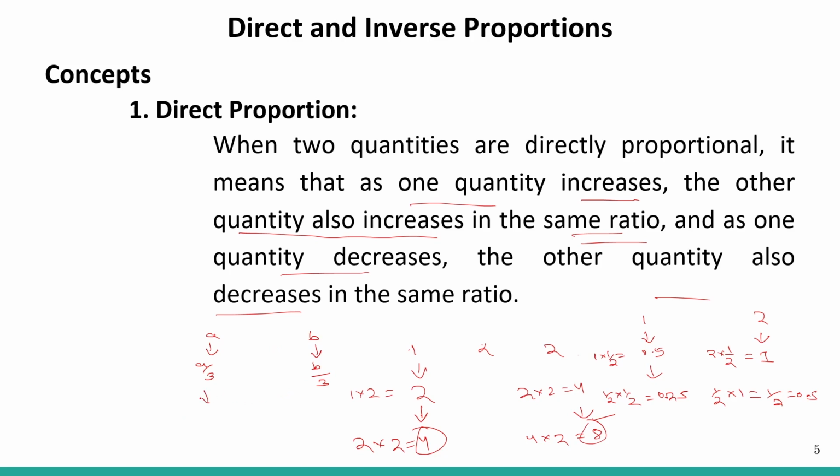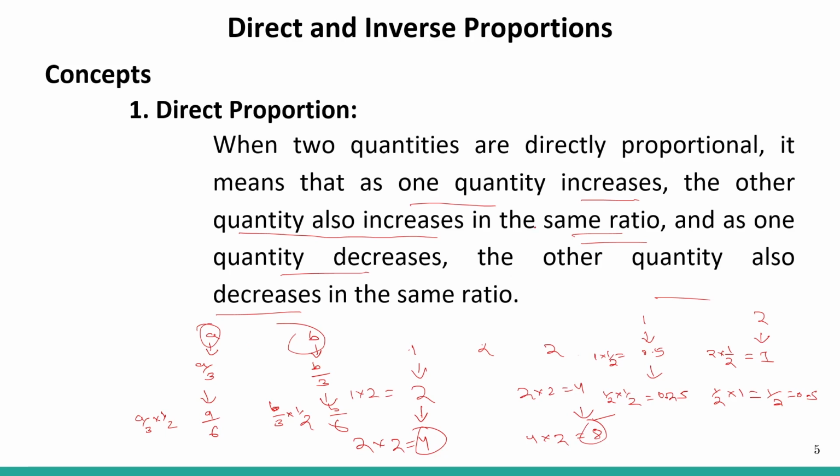If A became A by 6, that is, A by 3 was multiplied by 1 by 2, then B by 3 will also be multiplied by 1 by 2, and that will become B by 6. If this kind of relationship is followed by two quantities, A and B, two numbers, then we say that they are directly proportional.